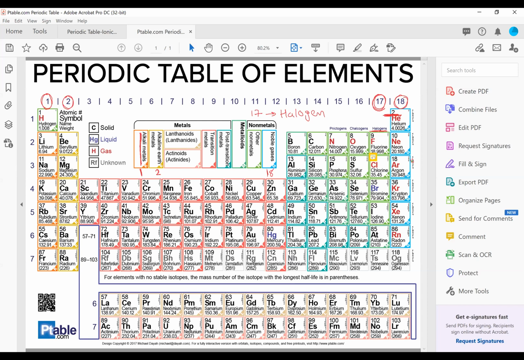Now, if you want to generally categorize this periodic table, we can categorize it into 3 categories. What are they? Metals, non-metals, and metalloids. Let me see if I can find that somewhere. Okay, it is here. So I can point this out. The first category is called metal.